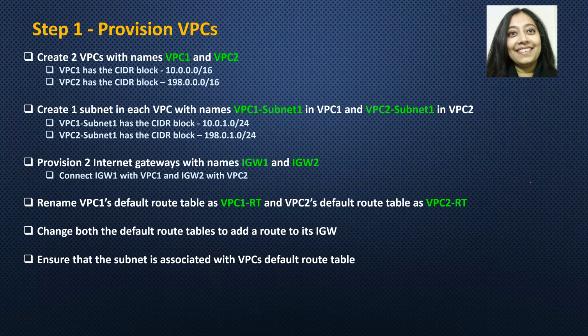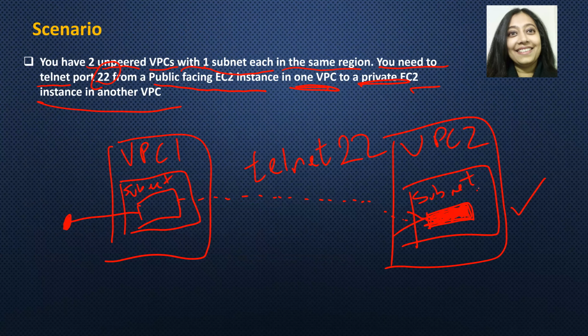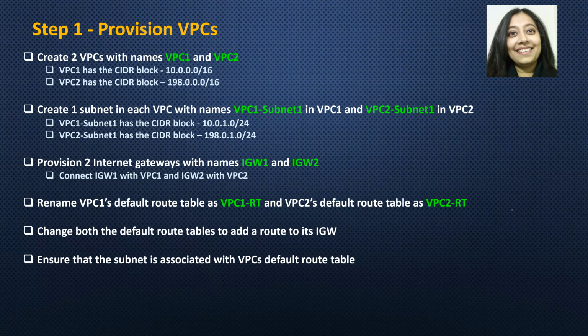In real life, you may have other EC2 instances over here that might have public IP addresses, although the one that you are going to communicate with is not going to have a public IP address. So let us get started.